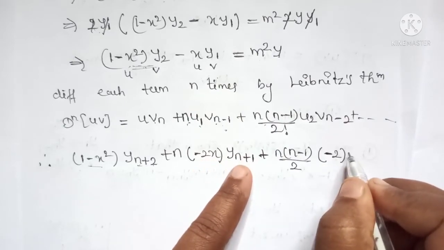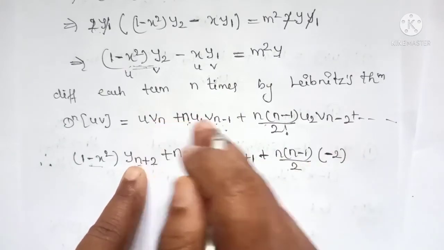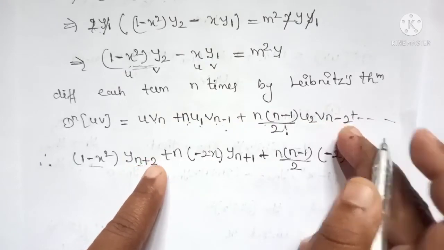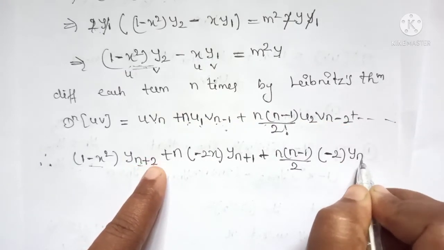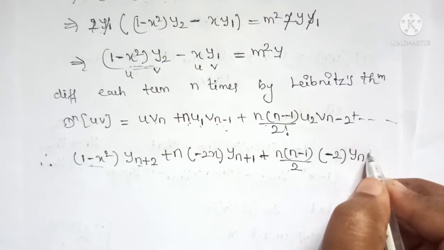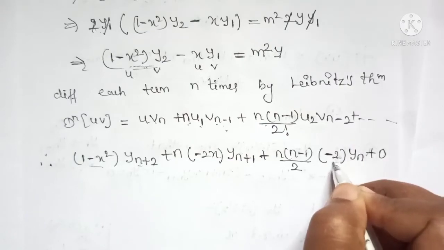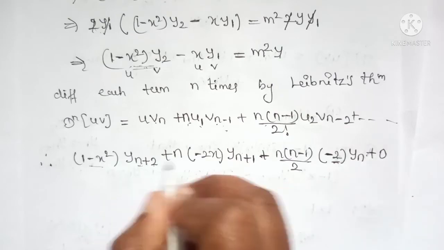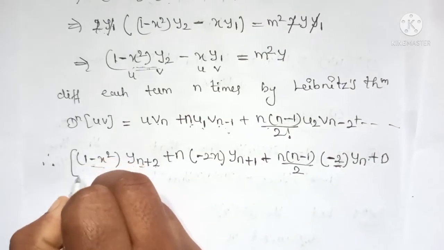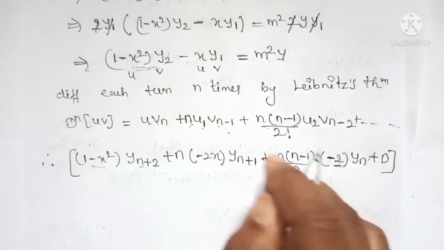Replacing n by n minus 2 in this v(n), 2 minus 2 gets cancelled, we simply get yn. Okay, if I apply the next term, it will be 0 because the differentiation of 2 is 0, therefore the next term is 0. This is the nth derivative of the first term.